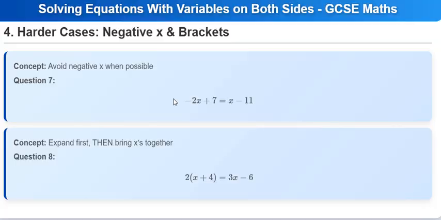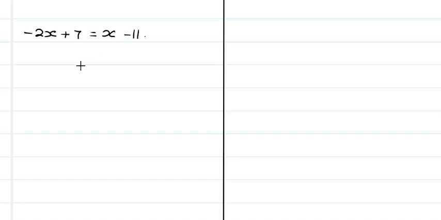Let us try to solve some other cases, where we have some of the coefficients of x being negative. Like in this case, for example, we have negative 2x plus 7 is equal to x minus 11. As usual, the first step is to group the like terms together.